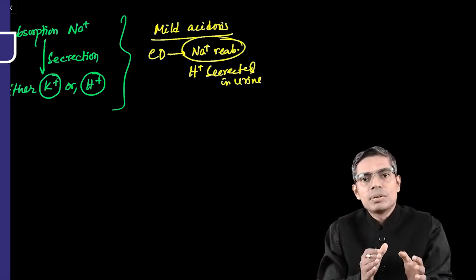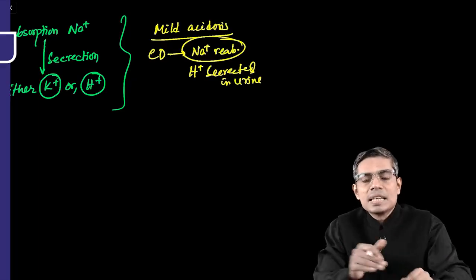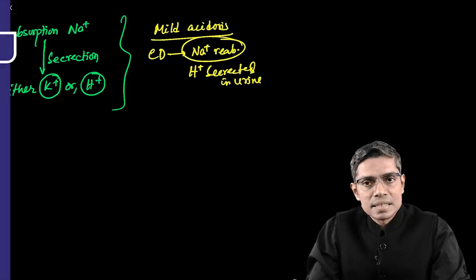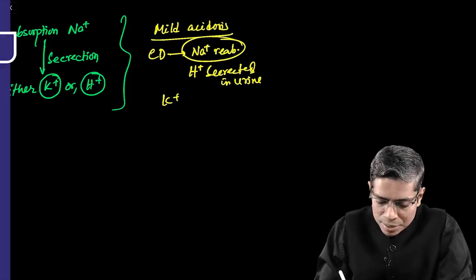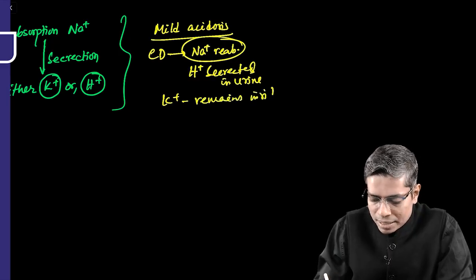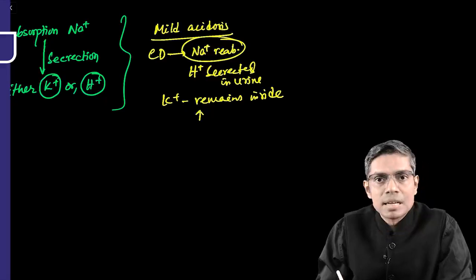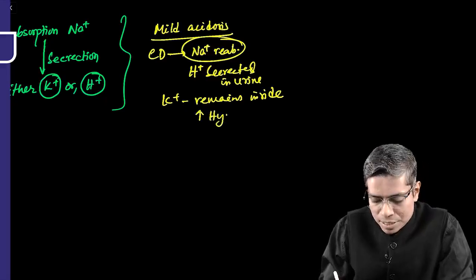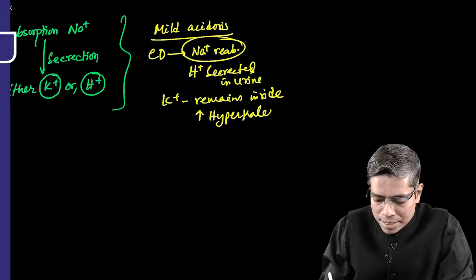But which molecule is not secreted in the urine in this case? Who is pairing in this case? Potassium will remain inside the blood, and that's why the potassium level will gradually increase. That will lead to hyperkalemia.